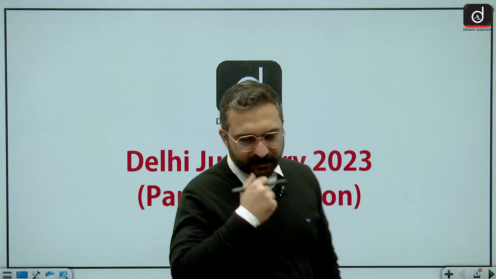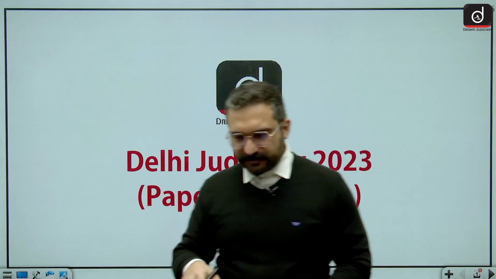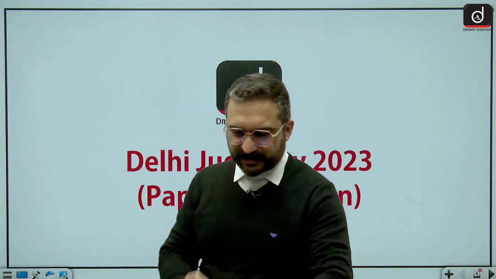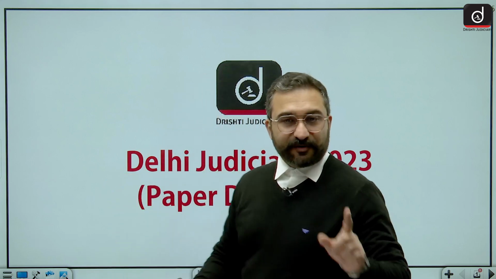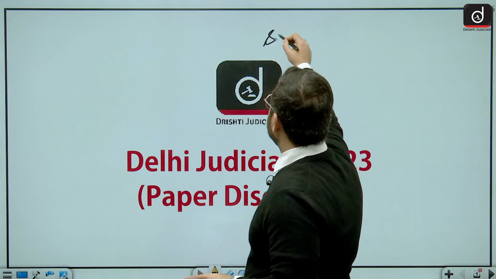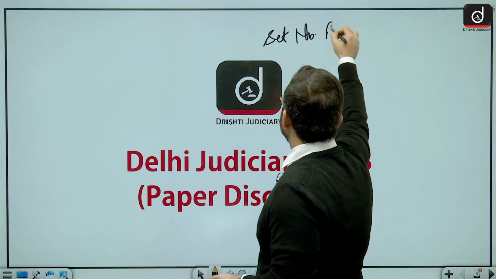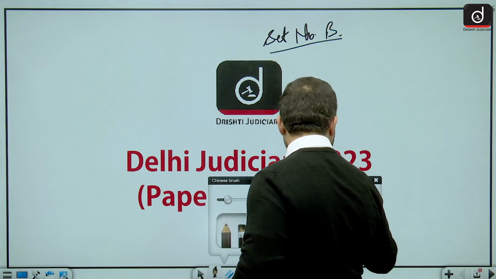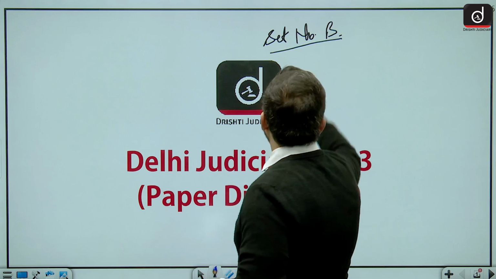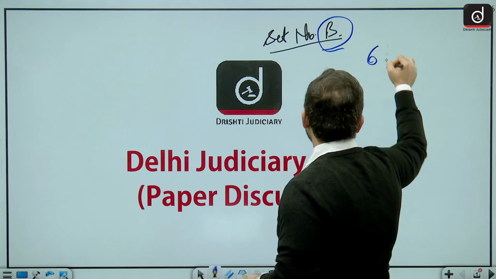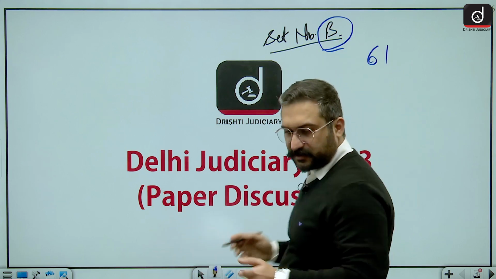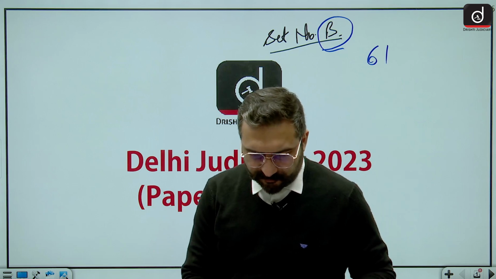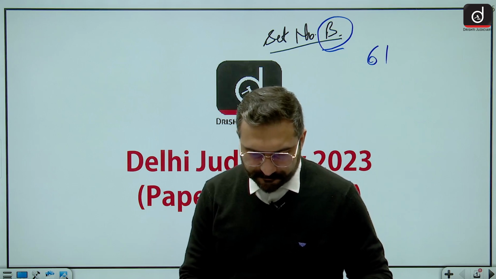Before I move ahead, I could see that there were two questions that are still left which were not included in the slide, so I want to discuss with you in set number B. I have already told you that I am discussing set number B. This is set number B, so don't get confused. In set number B, question number 61 and question number 140, if I am not wrong.